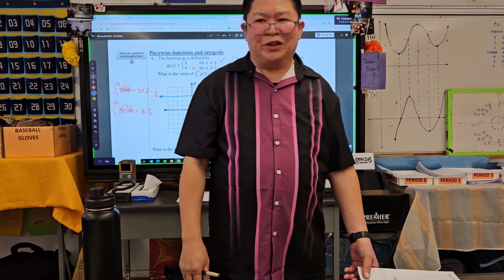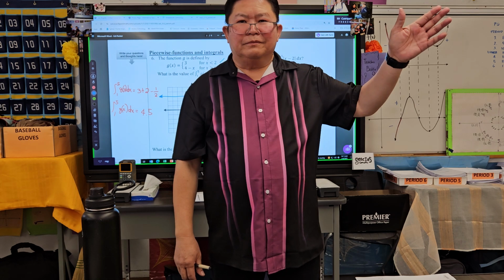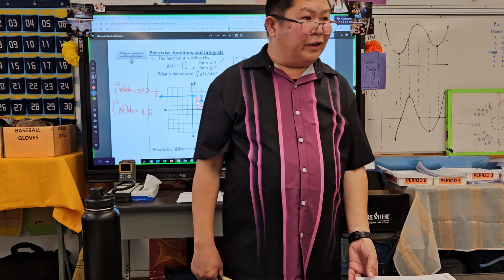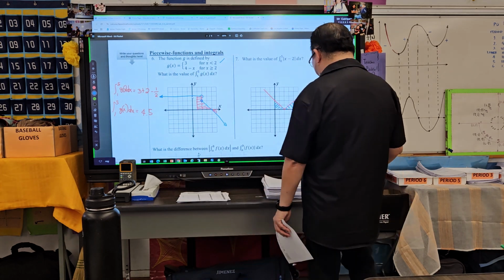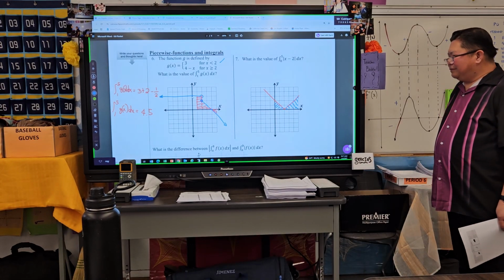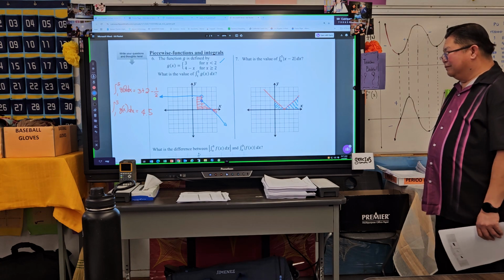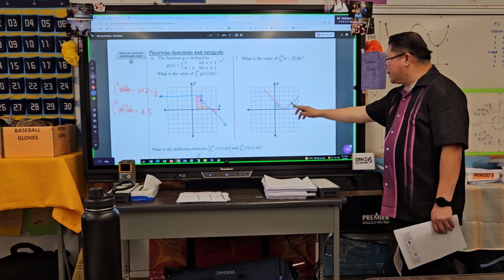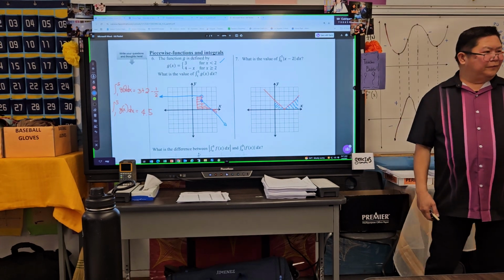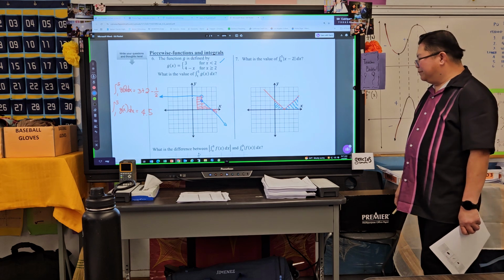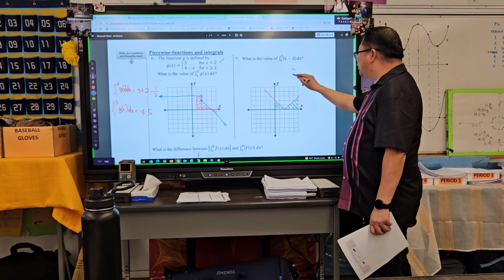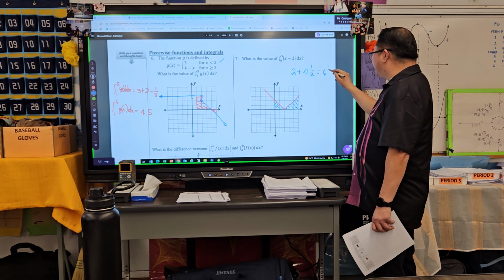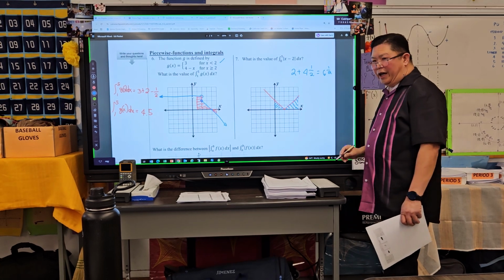Let's do a vote. Who agrees with 4? Who agrees with 6.5? Okay, majority. So 6.5 is the area. Why? What is the area of this one alone? This is 2, right here. Plus, how about this area? 4.5, right? So it's going to be 2 plus 4.5, which is 6.5.